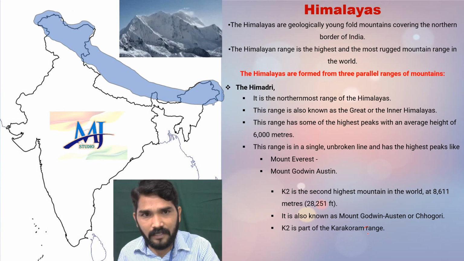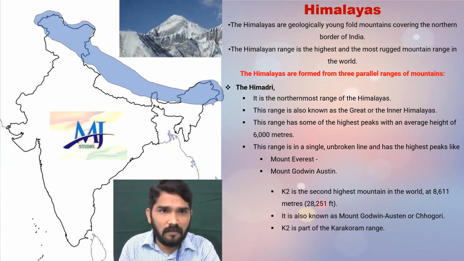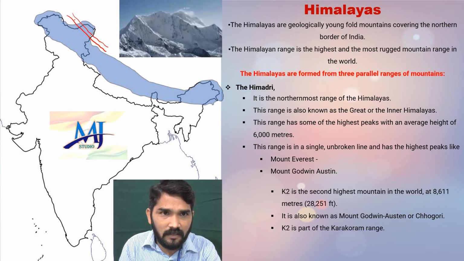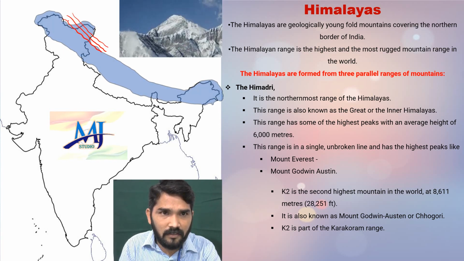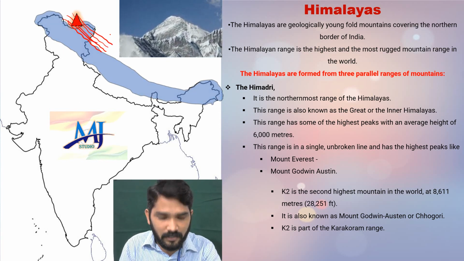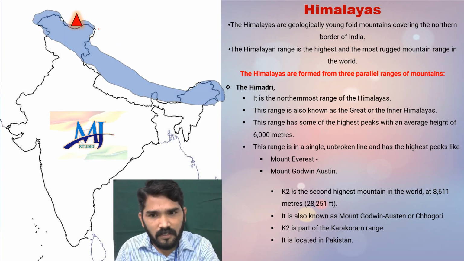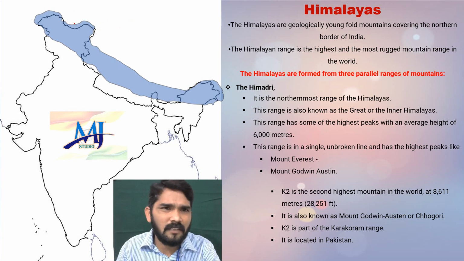It is a part of the Karakoram range. The Karakoram range is actually like this, right? This is the Karakoram range here. You can just try to remember it, okay? K2 is part of the Karakoram range. People say it is located in Pakistan, but it is our India's.